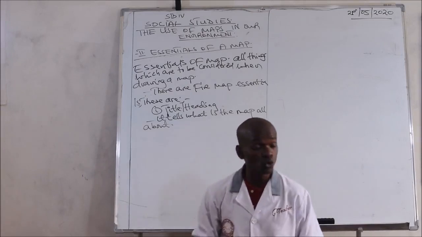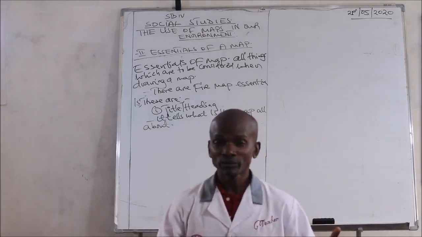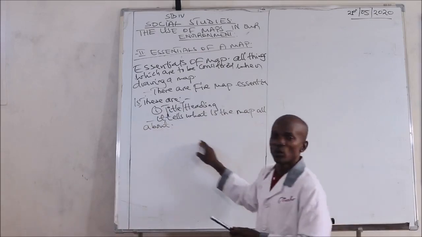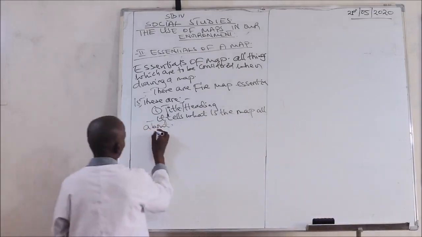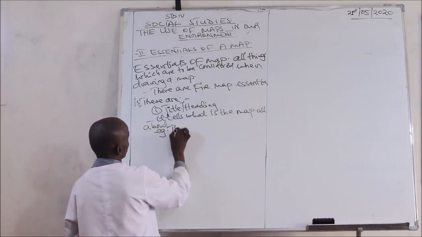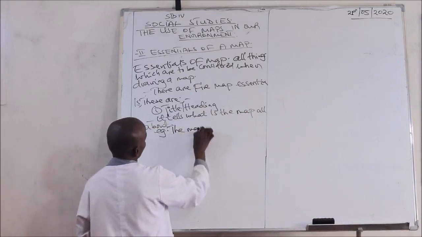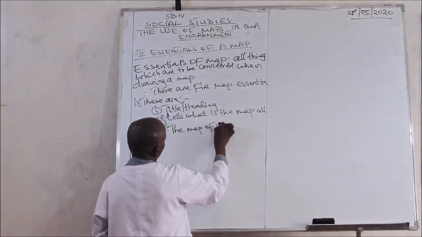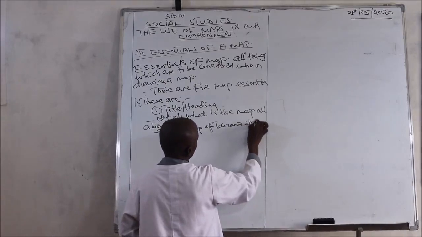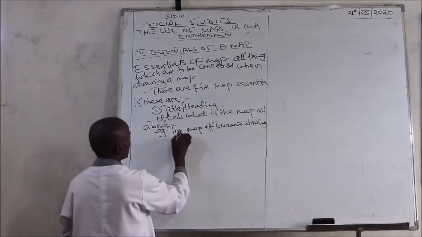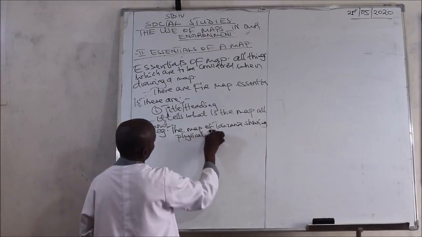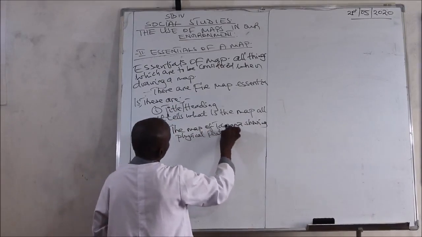Sometimes it can be a map of your school showing boundaries. For example, the title can be written: the map of Tanzania showing physical features.